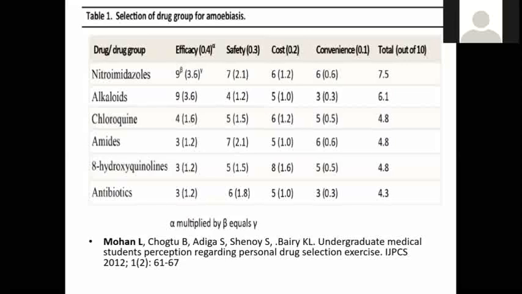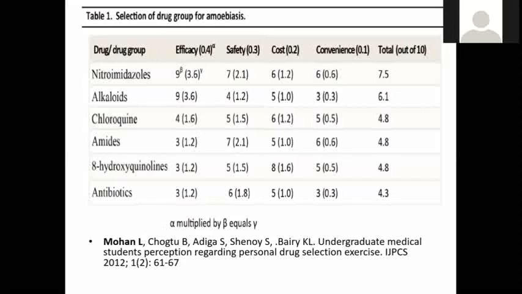Others have less efficacy, so we give points accordingly after good discussion among the groups. Then we multiply alpha and beta together: 9 times 0.4 is 3.6, 7 times 0.3 is 2.1. As you know, many nitroimidazoles cause a metallic taste, so the safety profile is comparatively not good. Alkaloids are also very toxic, so we give fewer points for alkaloids.